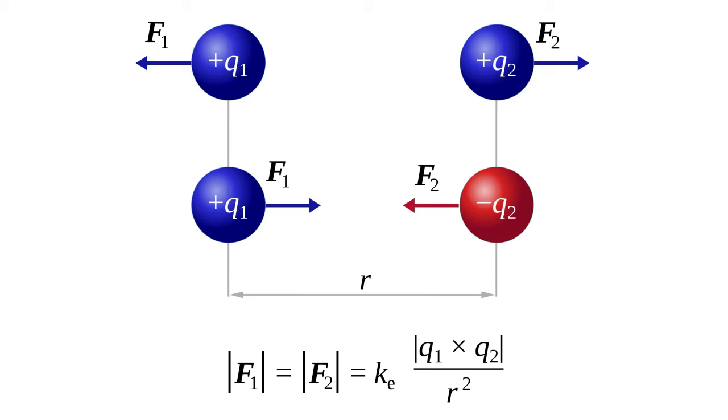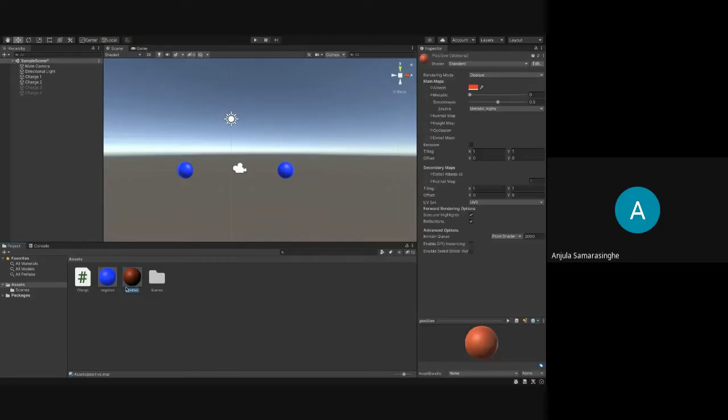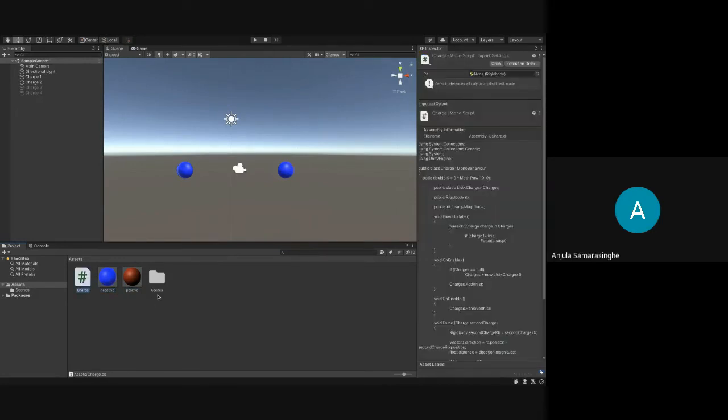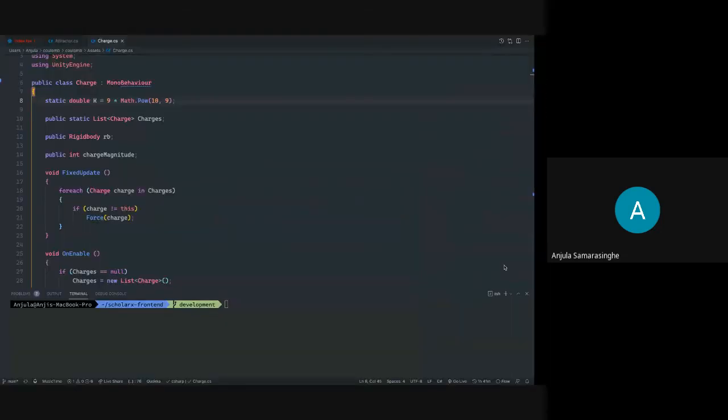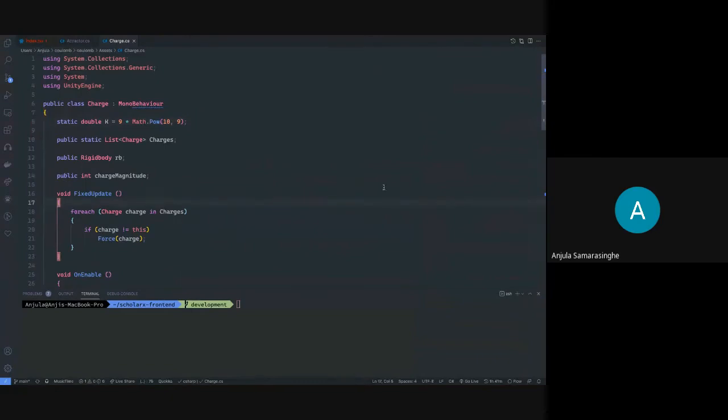So let's take a look at the simulation. I have used red color for positive charges, and blue color for negative charges. And here I have the C# script called Charge, which is going to implement Coulomb's law. If we take a look at the script, it is quite simple.